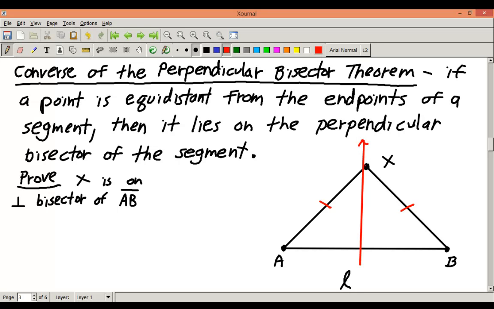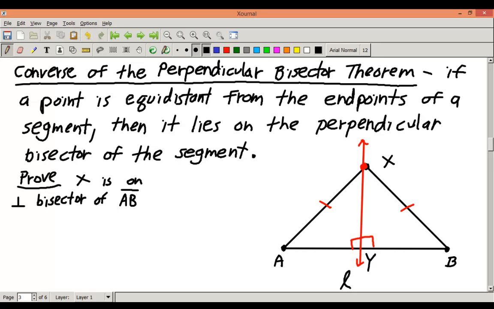So this line there, the red line, is through point X, so point X lies on that line, and that line is perpendicular to segment AB, and we'll say at the point Y. Okay. So our job is to prove that that line, which we'll call L, is the perpendicular bisector of segment AB.